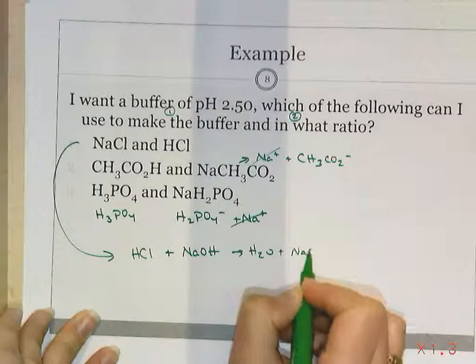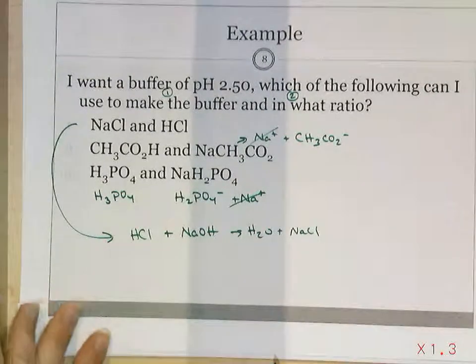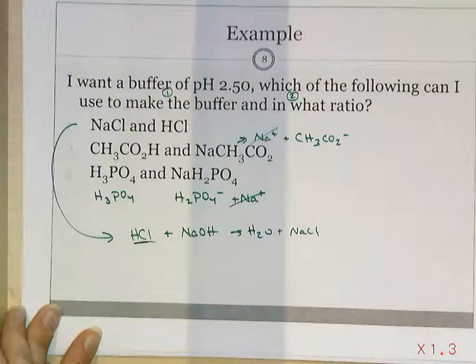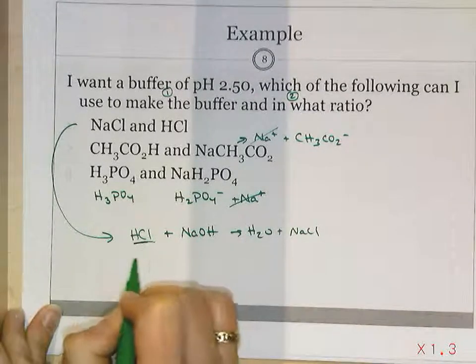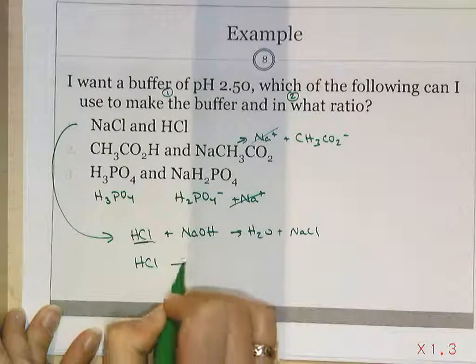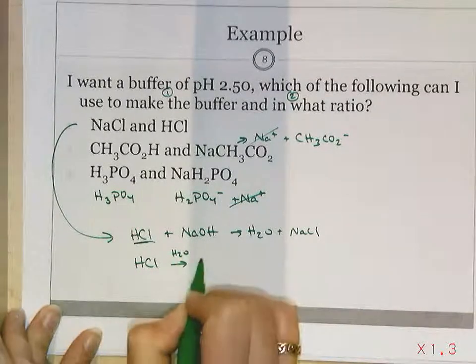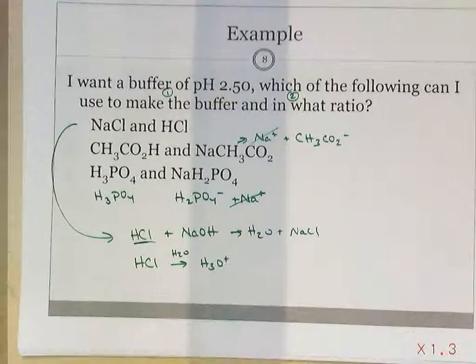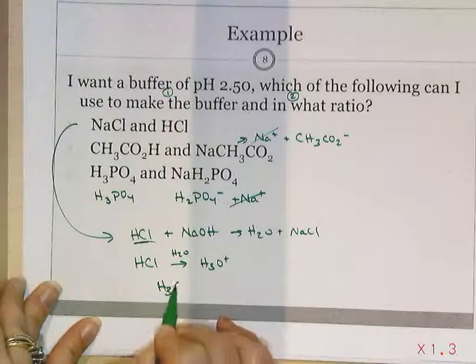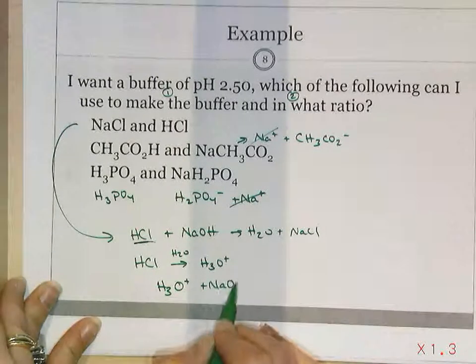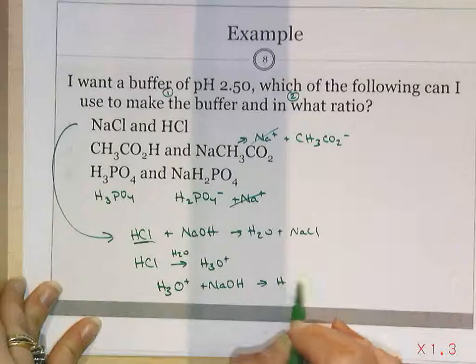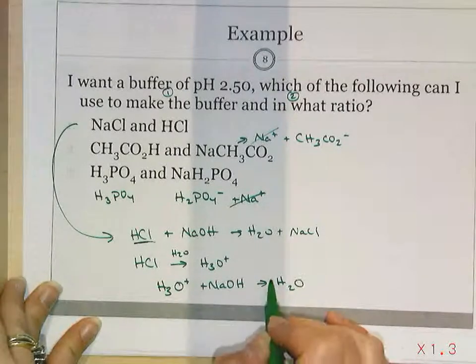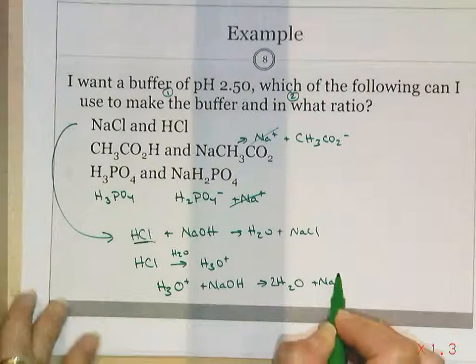In this case, this is the acid, and it just gives off a proton. And that's okay to write like that, but it's more appropriate to write it like this.